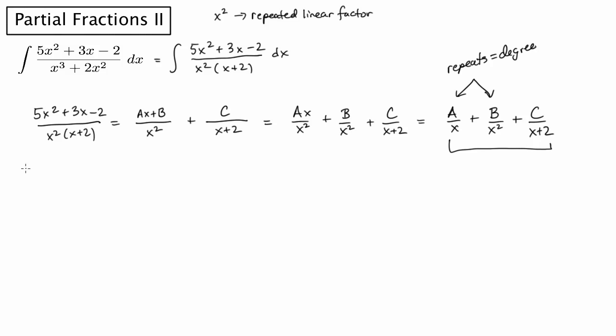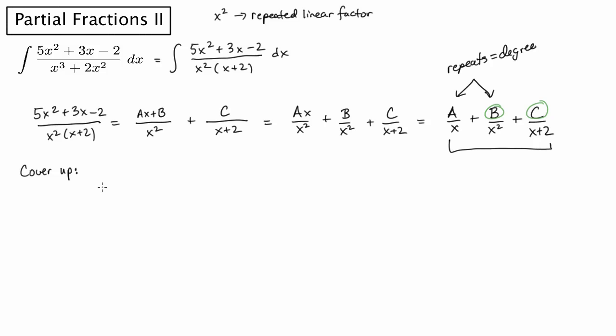Now, our cover-up technique will only work if the factors involved are at their fullest powers, meaning that I can use cover-up to find b because its denominator is at full power x squared, whereas this one is not, and I can use it to find c. So let's take a look at those.